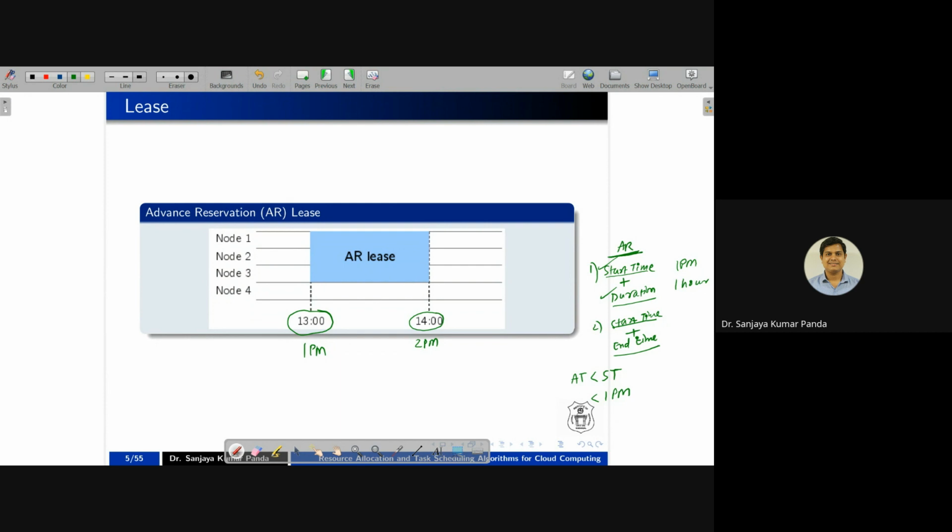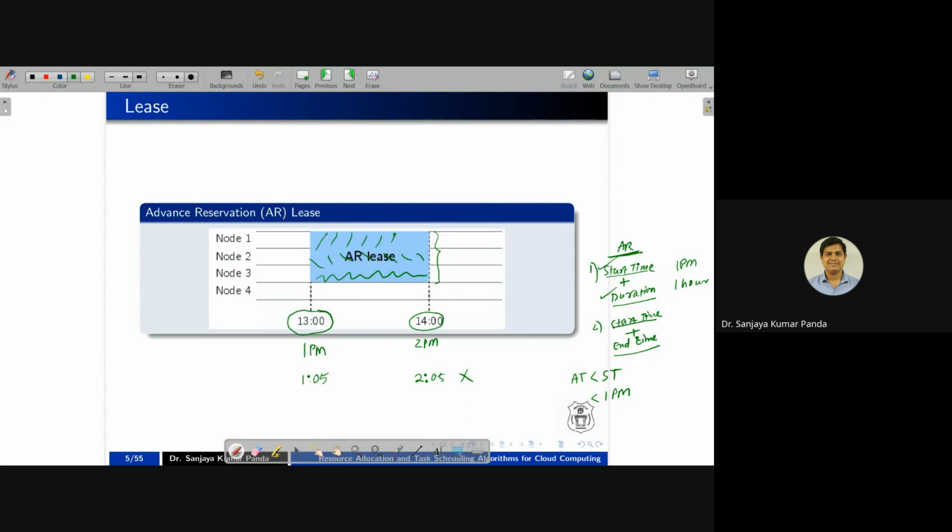In this case, the AR lease is asking for three different nodes. You can see it has covered node 1, node 2, and node 3. So three different nodes are asked for by that particular lease. If you say to the AR lease, no, the resources are not available, you can start at 1.5 and complete at 2.5, it is not possible.